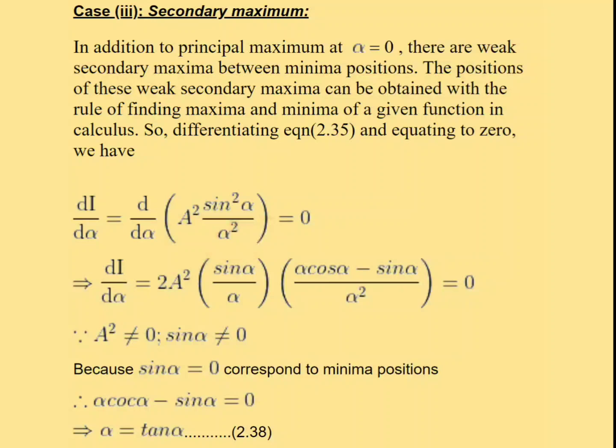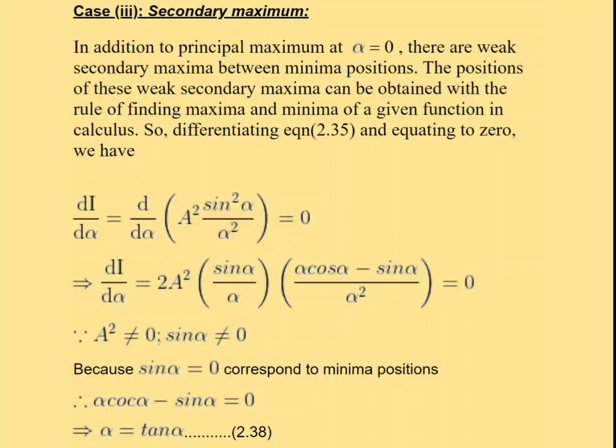This can be written as (A sin α / α) whole square, where A² is a constant, so just write it beside the equation. It has only the value (sin α / α) whole square.